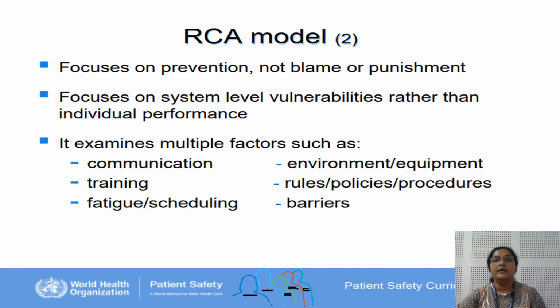The RCA focuses on preventing errors and incidents in the future, not on blaming or punishing someone. It tries to identify the system level problems that can be addressed. RCA examines factors such as communication, training, scheduling or rostering problems leading to fatigue, environmental difficulties, organizational factors, and other various barriers to safe healthcare.